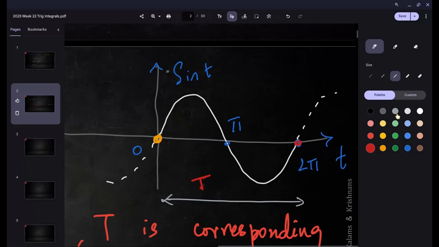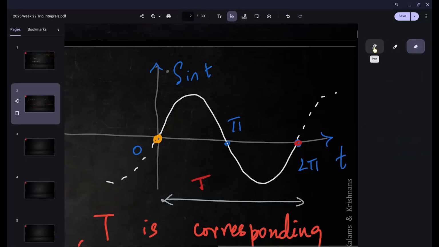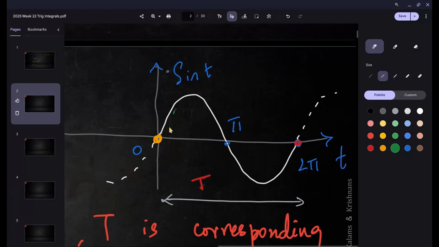Notice the positive area will exactly cancel with the negative area. It's cos t minus 1.